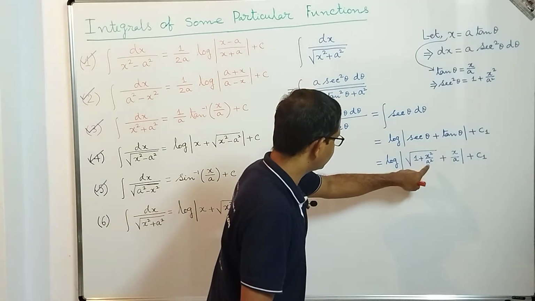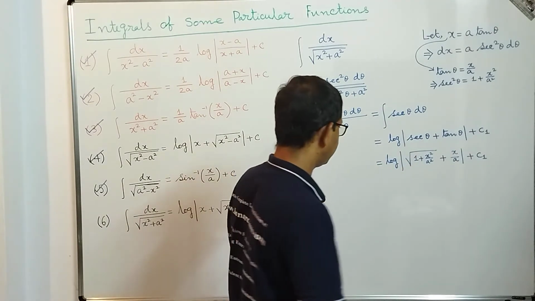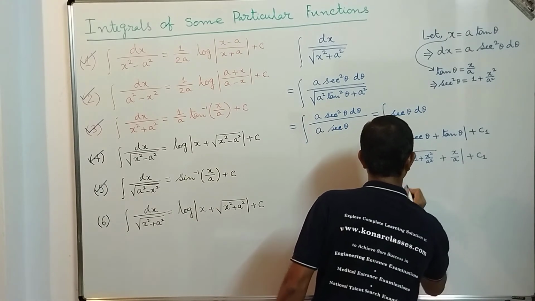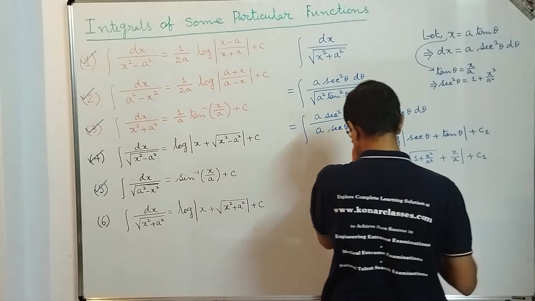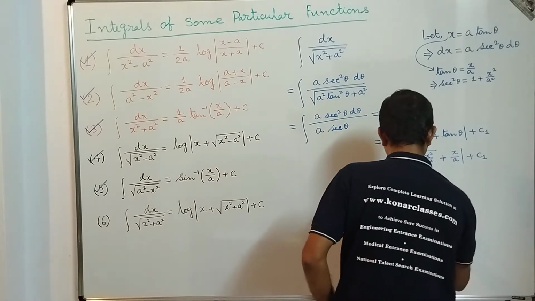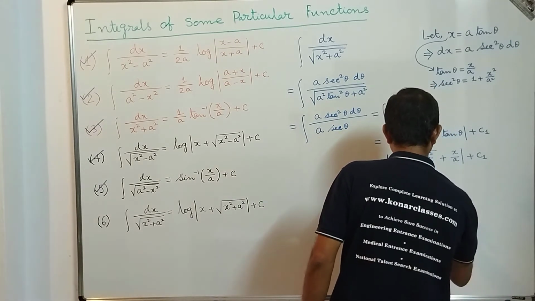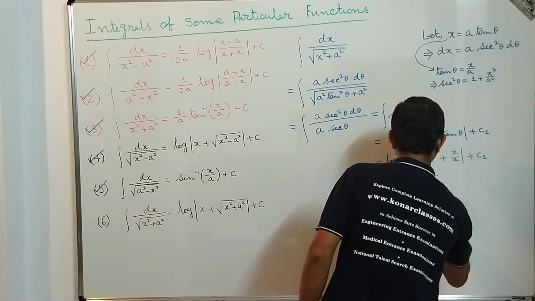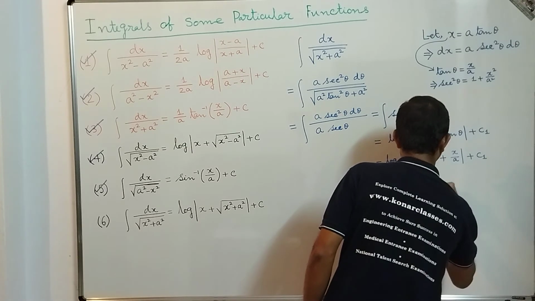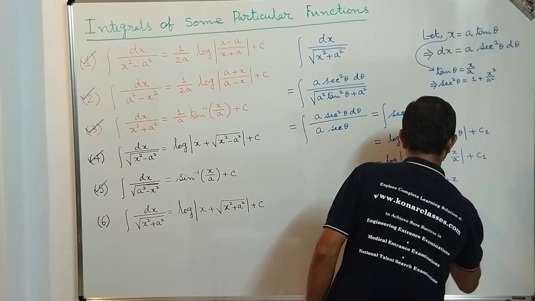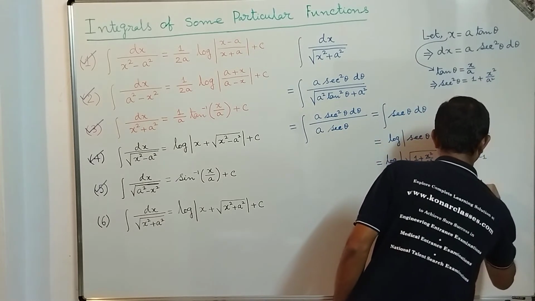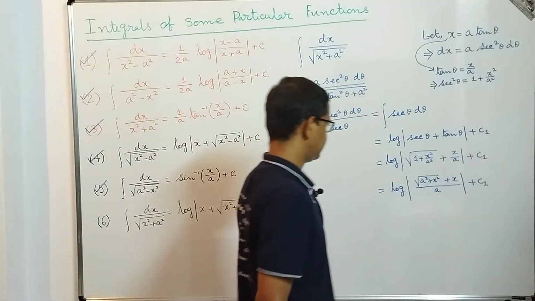So now this a square we can take to that side, and it will be something like this: that is equal to log of mod, square root of a square plus x square plus x, divided by a, plus c1, correct?